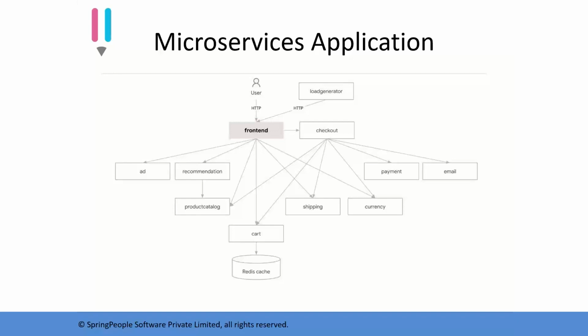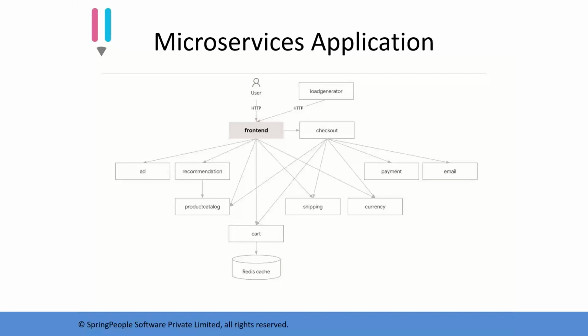Here is one example of an application, maybe an online boutique, an e-commerce website, which we have broken down into multiple smaller services. For an end user to have a very nice experience, all of these services need to be deployed together and run together, and that's when the end user has a seamless interaction with our application.